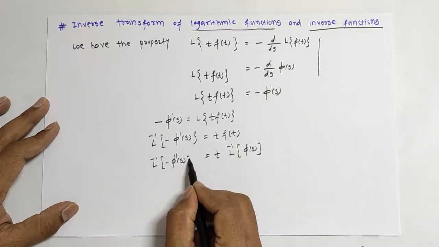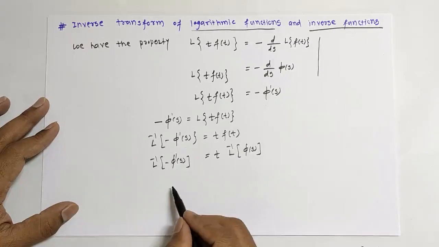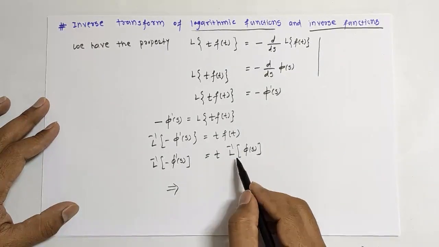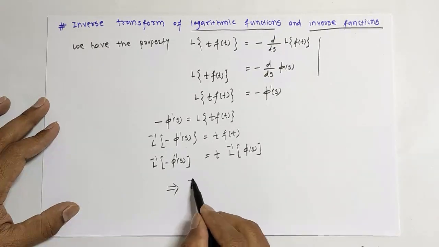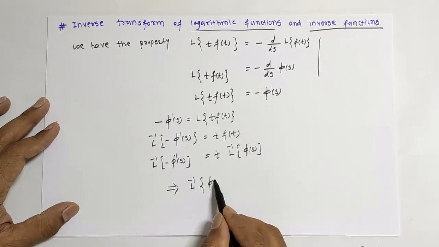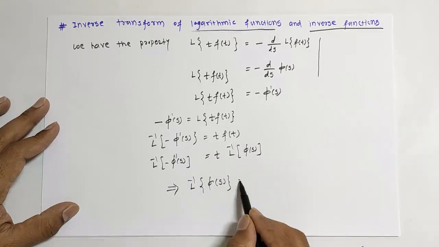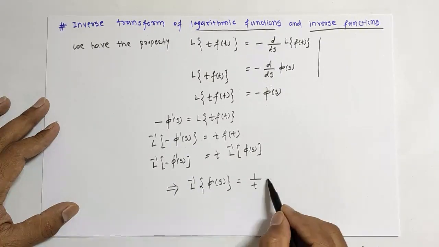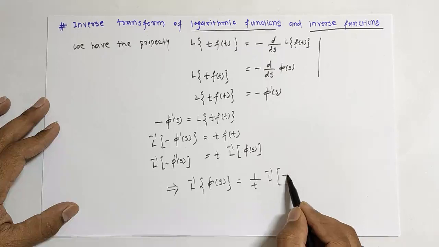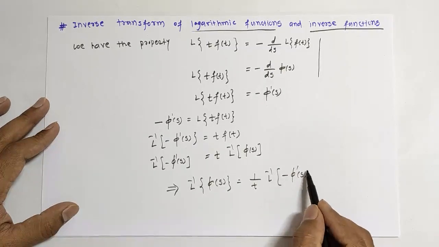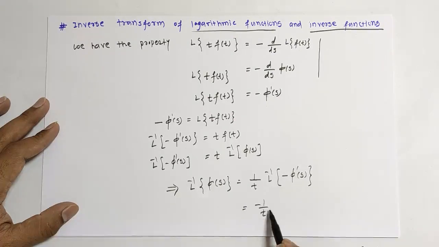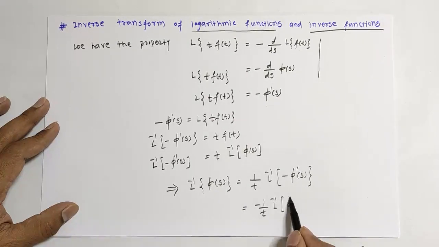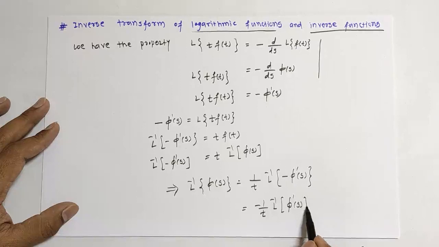So from this it is clear that the formula is: L inverse of phi of s is equal to 1 by t into L inverse of minus phi dash of s, or you can take the minus outside, minus 1 by t L inverse of phi dash of s.